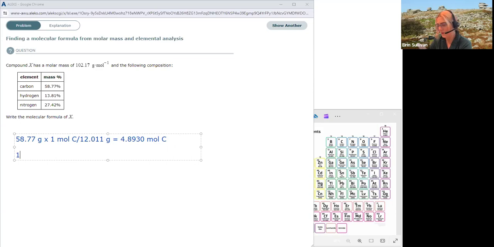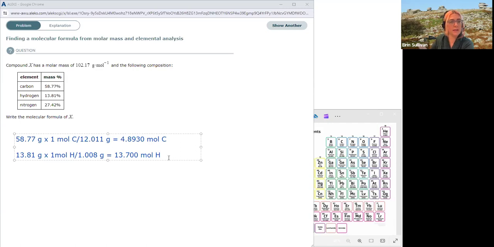Rinse and repeat for my other friends, hydrogen and nitrogen. So hydrogen, 13.81 grams times 1 mole of hydrogen per 1.008 grams, that is 13.81 divided by 1.008, which is 13.700 moles of hydrogen. I just missed the button there, apologies.